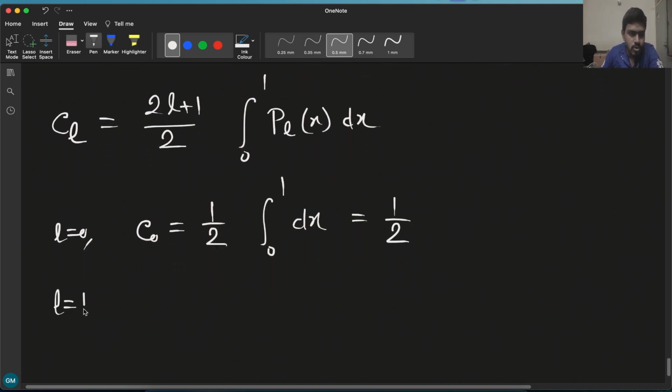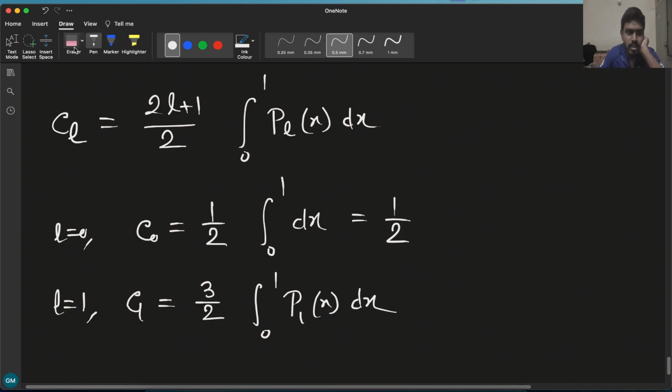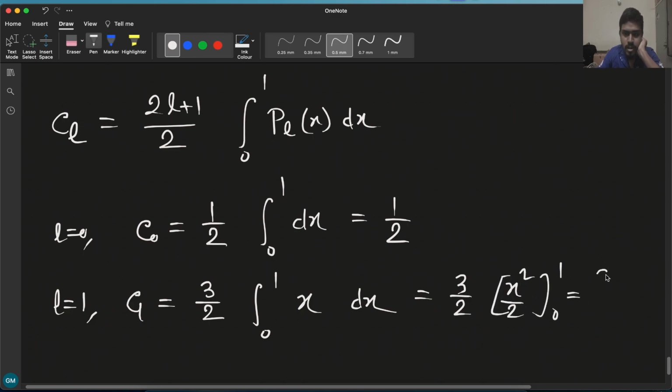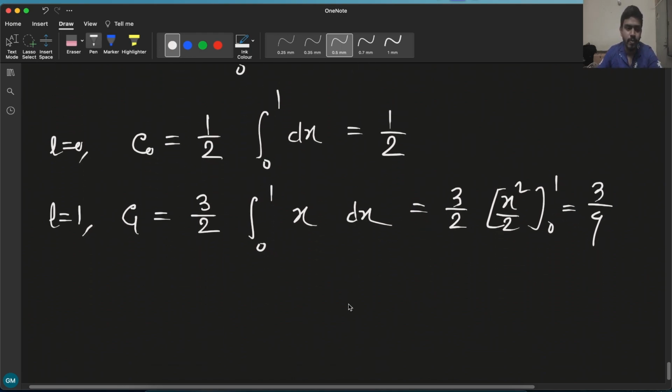If I put L equals 1, then C_1 equals 3 divided by 2 times the integral from 0 to 1 of P_1(x) dx. And what is P_1(x)? P_1(x) is x, so it is x dx. So 3 by 2 times x squared divided by 2, and if I put the limit from 0 to 1, it will be 3 by 4.